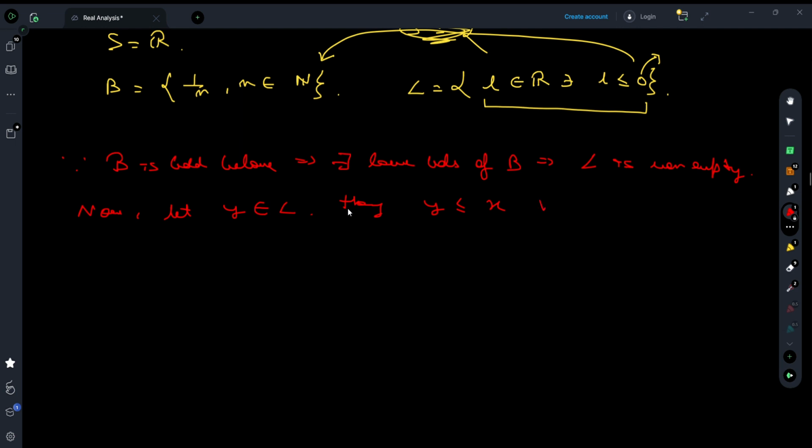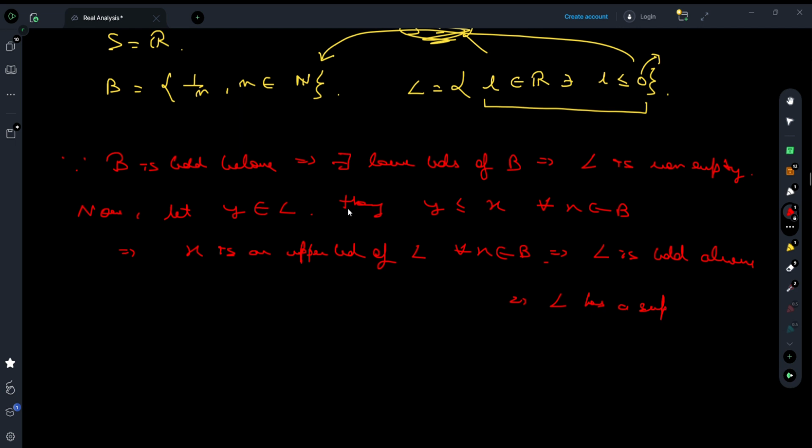Now let y be in L. Then y is less than or equal to x for all x in B. This implies x is an upper bound of L for all x in B. That means every element of B is an upper bound to the set of all its lower bounds.